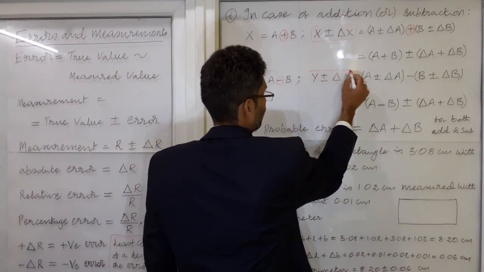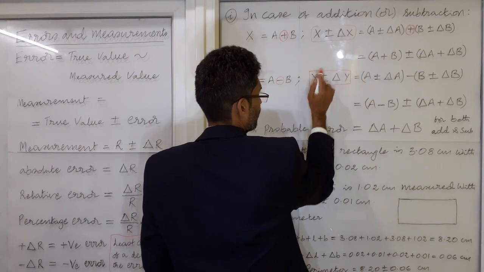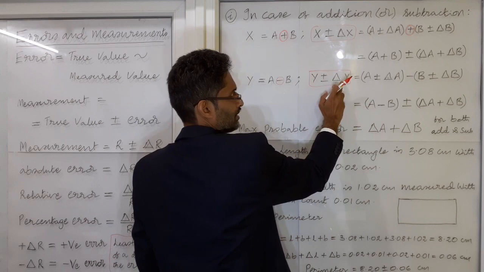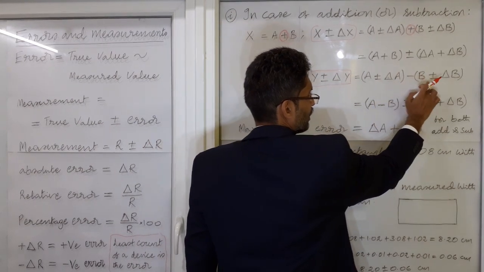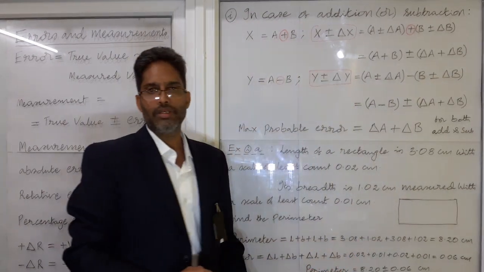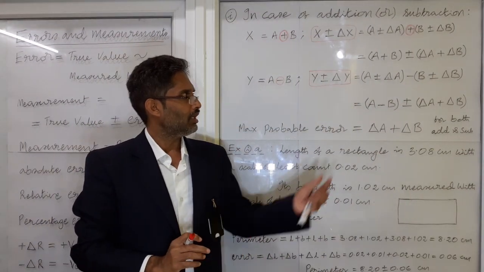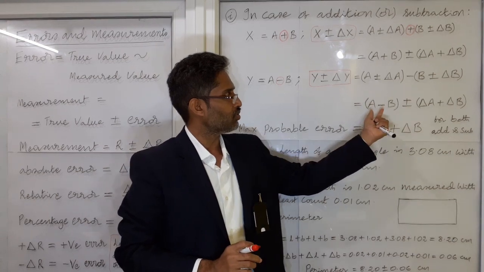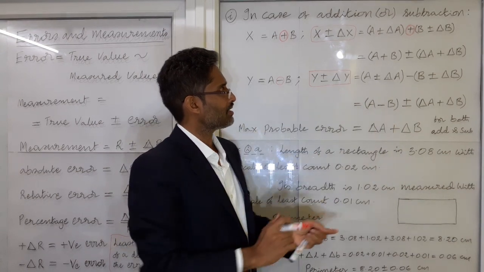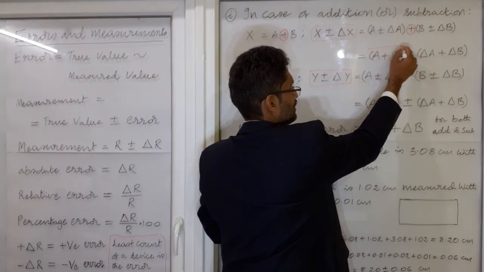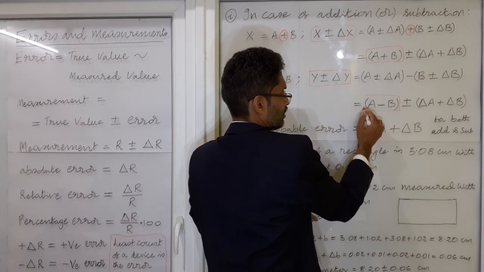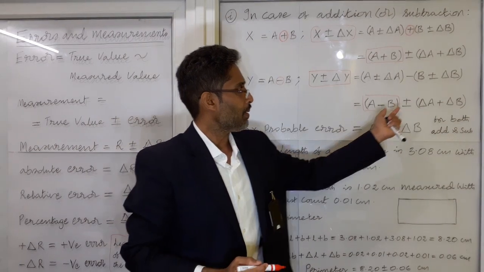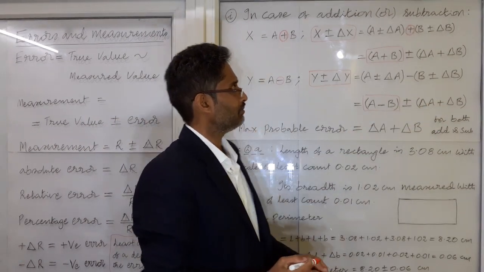Y plus or minus delta y, where y is the true value and delta y is the error, equal to a plus or minus delta a minus b plus or minus delta b. Again, the true value is a minus b, just like here it was a plus b. So a minus b plus or minus delta a plus delta b.